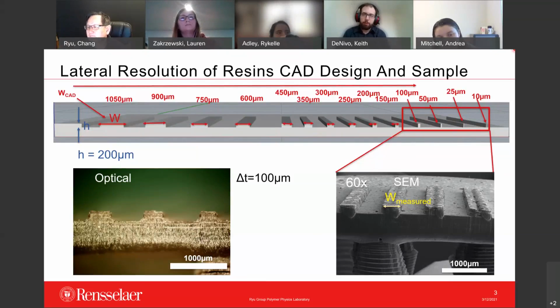We did this because we wanted to see what was the minimum width that these resins could provide in our stereolithography system. And also we can get information about how on or how off each of the widths printed are. So we measured this by the scanning electron microscope and the optical microscope.